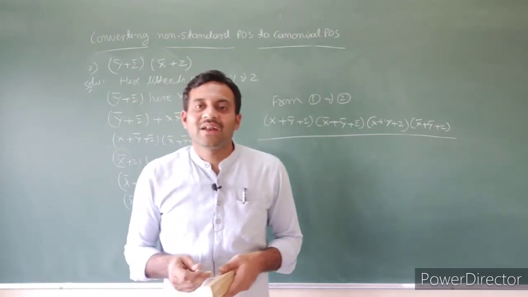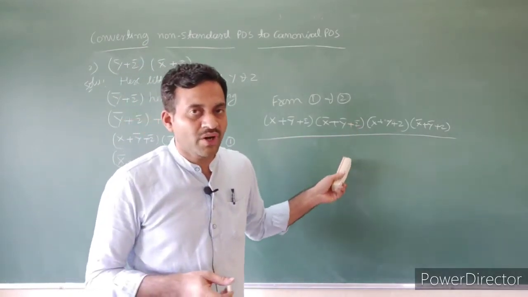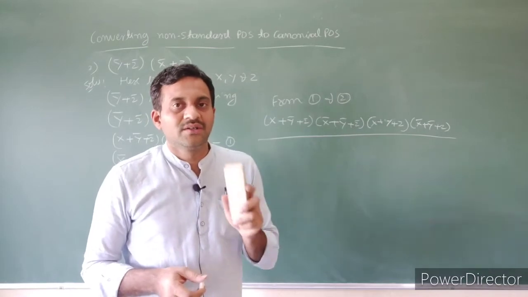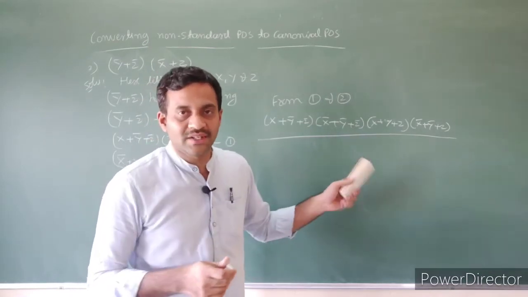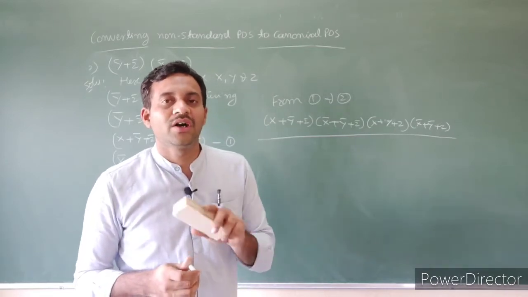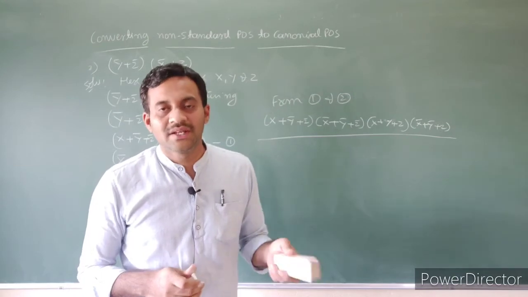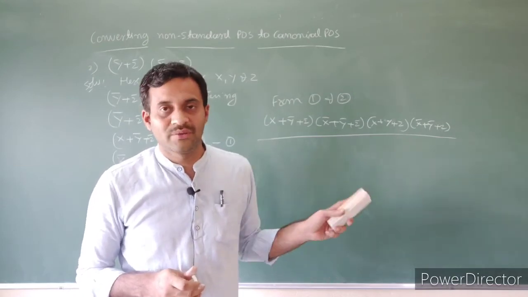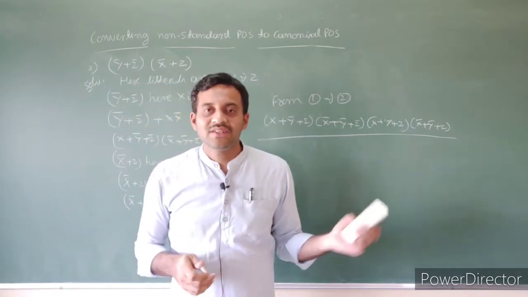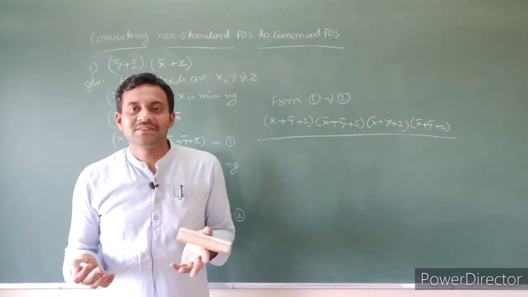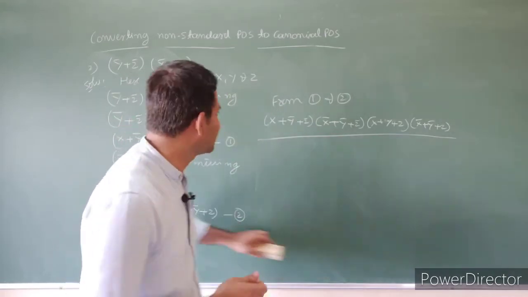After that, write the binary value for each literal. If the literal is unbarred, write 0. If the literal is barred, write 1. Then for each sum term, write the decimal equivalent. Then we get the shorthand form. See the procedures.